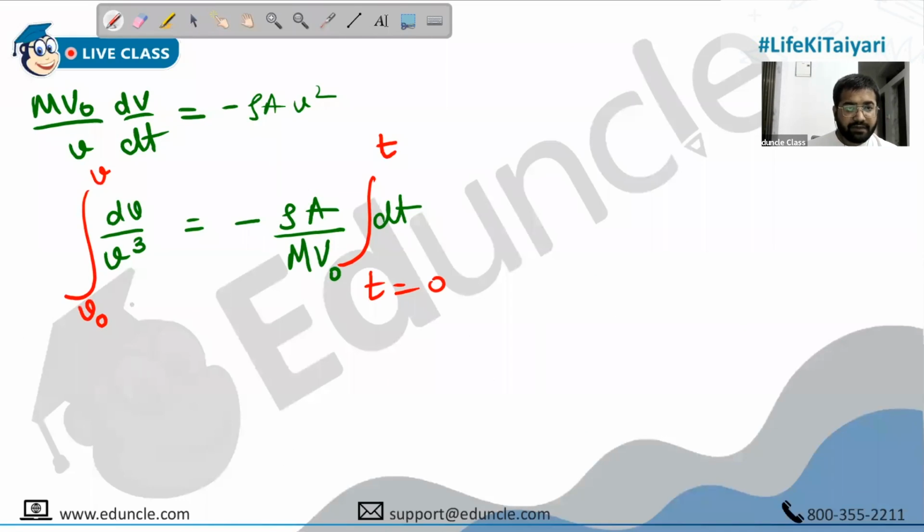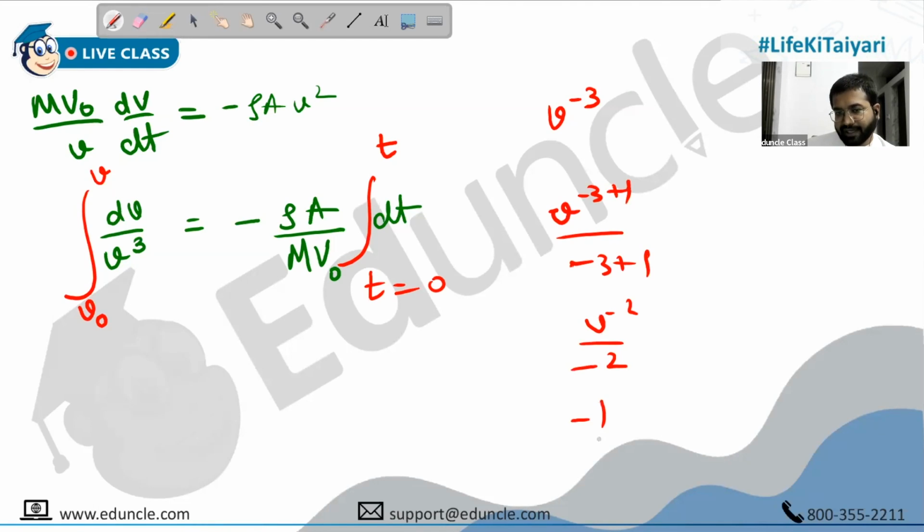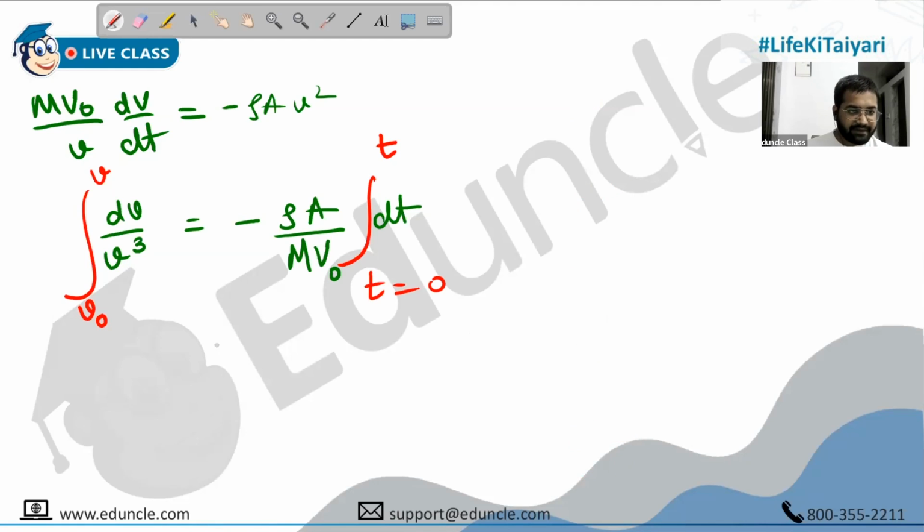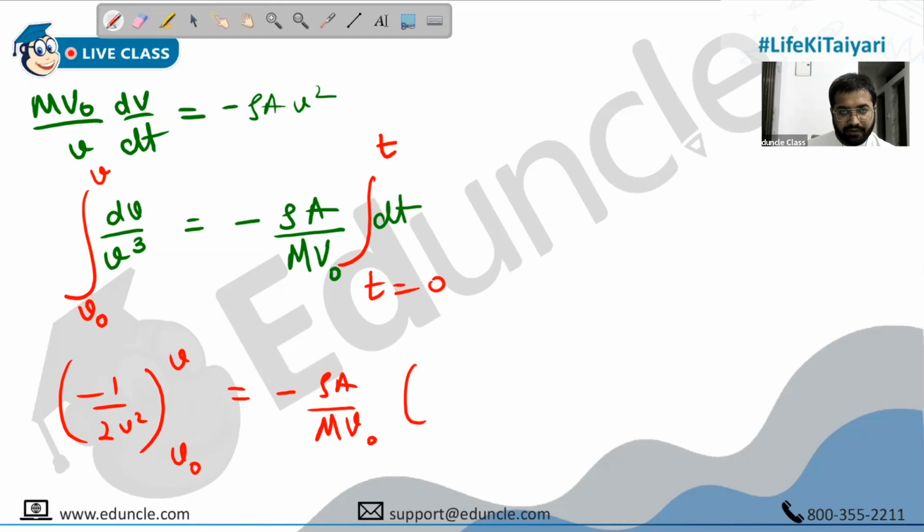No problem. So what is integration of 1 upon V cube? That's V raised to minus 3, which is V raised to minus 3 plus 1 upon minus 3 plus 1, which is V raised to minus 2 upon minus 2. That's minus 1 upon 2V square. That's the integration value, from V naught to V, minus rho a upon m v naught.